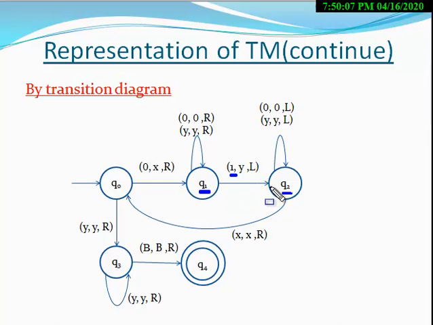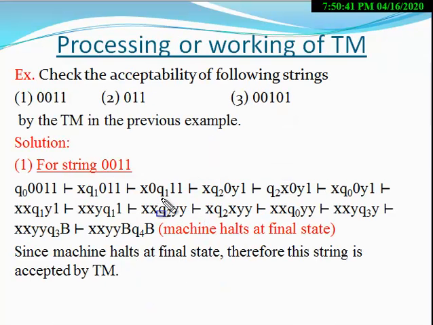So all these three actions will be applied here. First, the state changes from Q1 to Q2. Second, 1 is replaced by Y. And third, the head of the machine moves to the left direction. Now you have to apply all these three actions in the ID. Here the state changes from Q1 to Q2, 1 is replaced by Y, and the machine moves to the left.